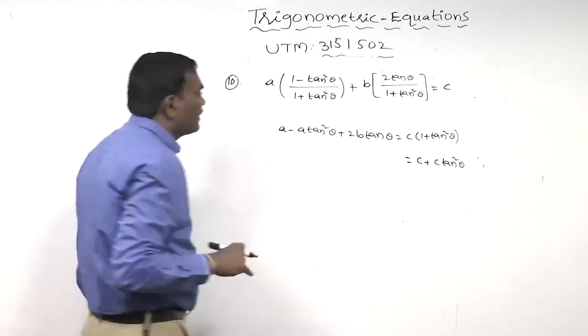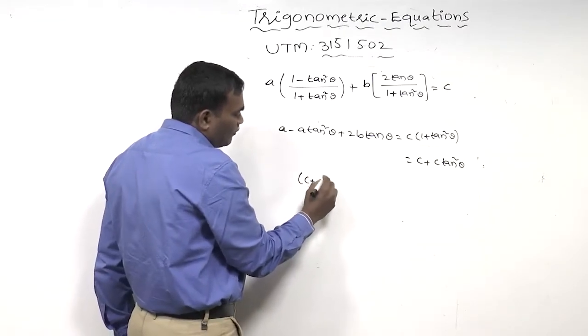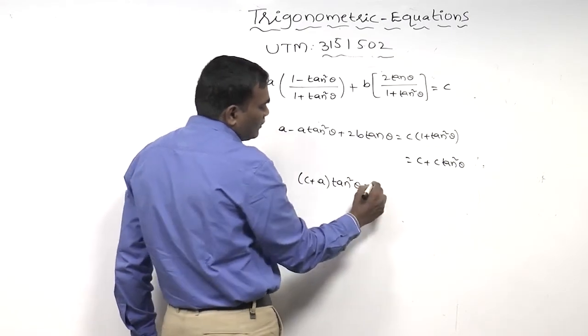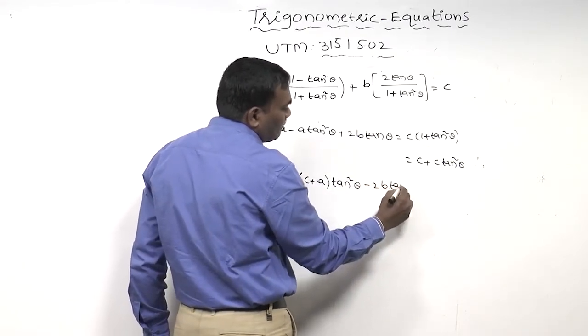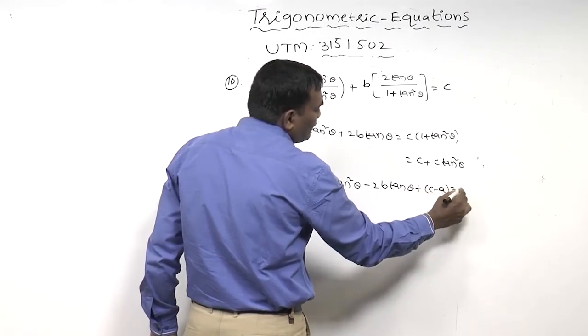Now write this in quadratic form. That means C plus A into tan square theta minus 2B tan theta plus C minus A is equal to 0.